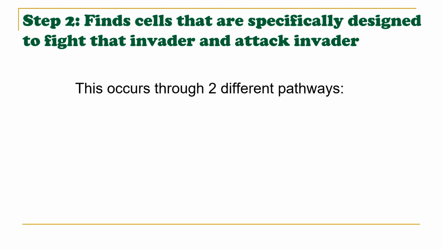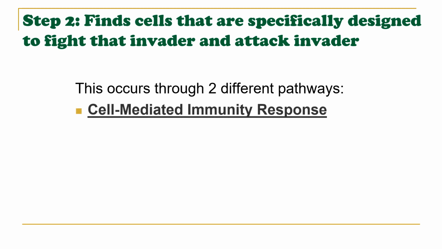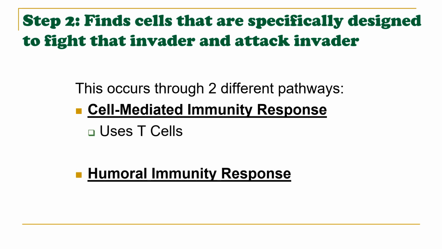This occurs through two different pathways, and both are kind of happening at the same time. You have your cell-mediated immunity response, which uses T cells, and you have your humoral immunity response, which uses B cells and antibodies.